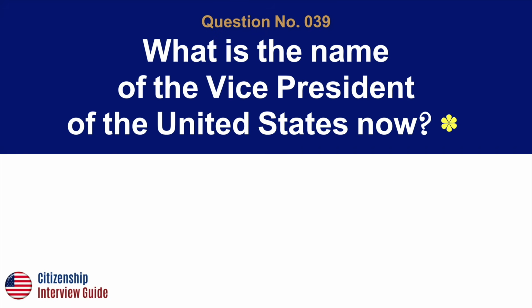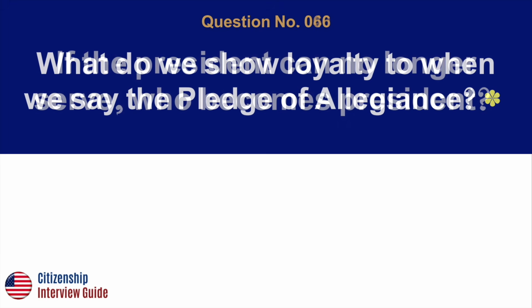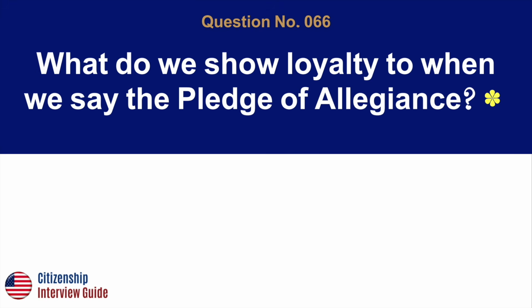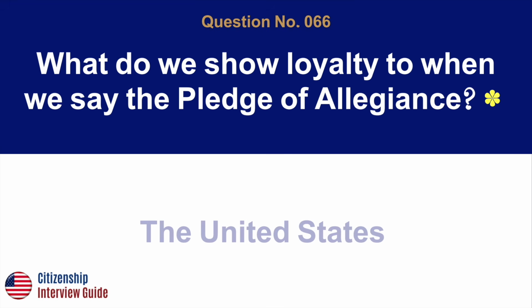What is the name of the Vice President of the United States now? J.D. Vance. What do we show loyalty to when we say the Pledge of Allegiance? The United States.